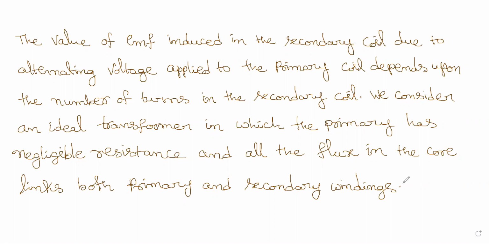In an ideal transformer the primary coil has no resistance and all the flux in the core links the primary and secondary windings. So nothing is wasted; that is the assumption we are going ahead with. Hope I am clear with this. You can make a note.